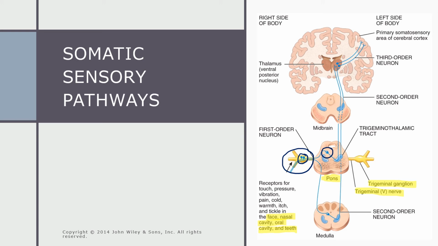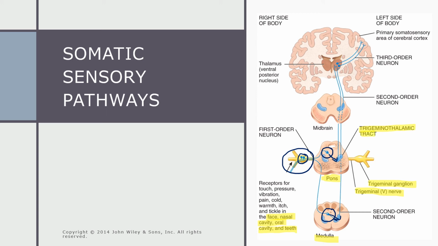And other first order neurons descend their axons into the medulla and will actually synapse with second order neurons there. And the axons of the second order neurons will cross to the opposite side of the pons and of the medulla, and then they will ascend by the trigeminal thalamic tract.